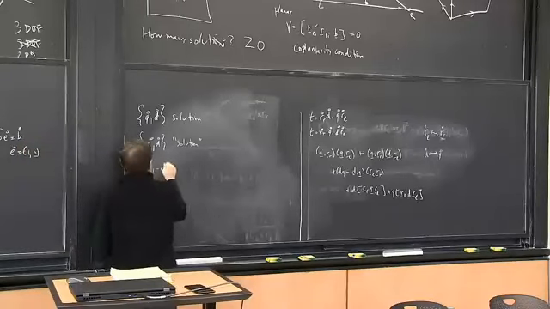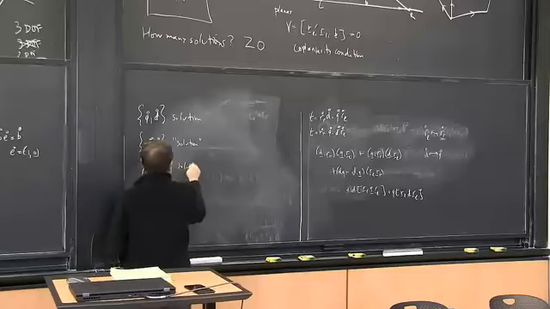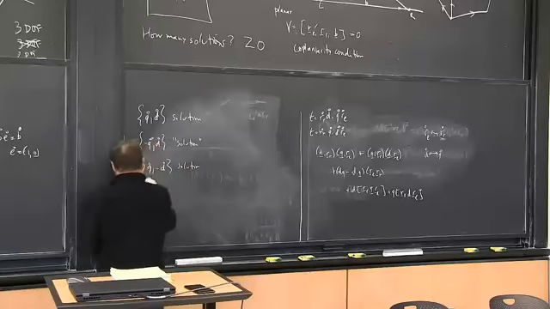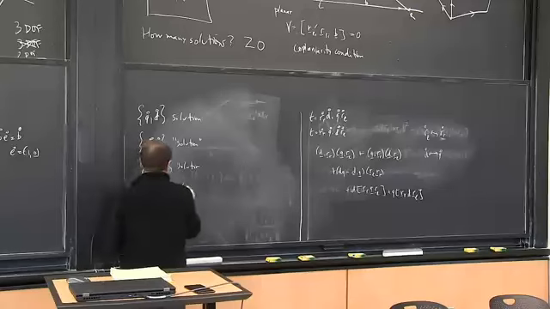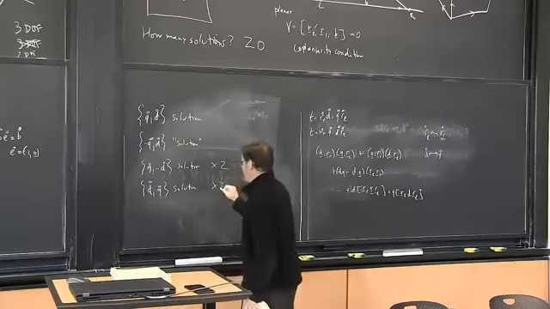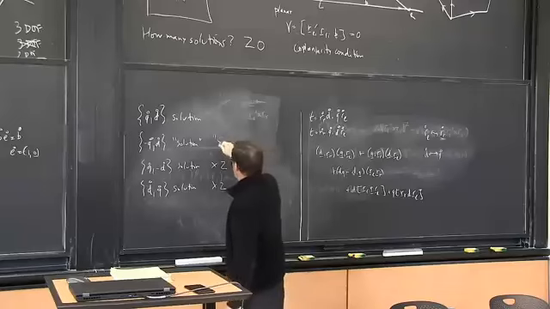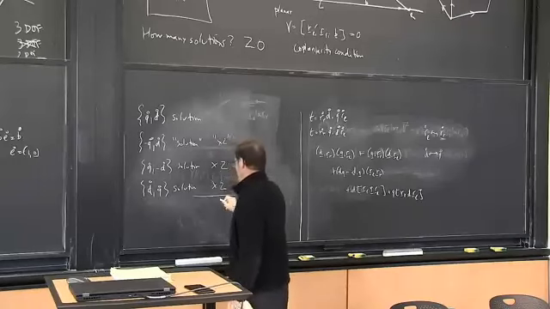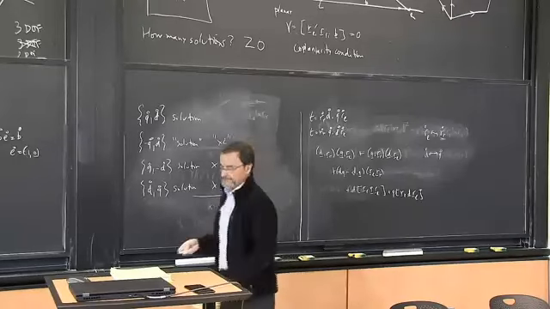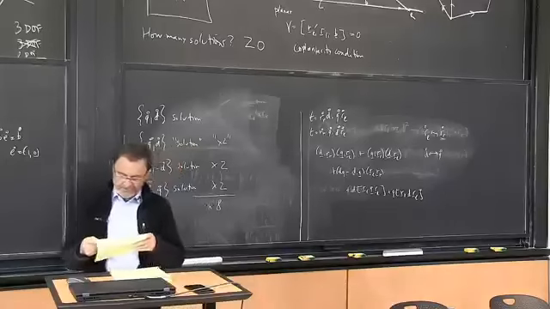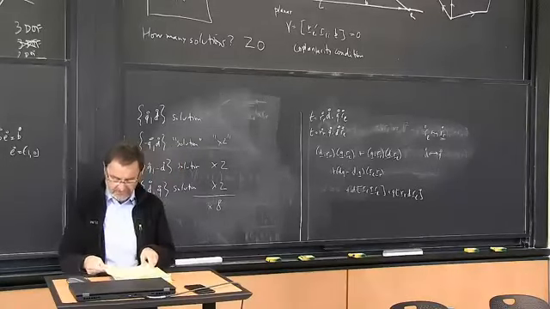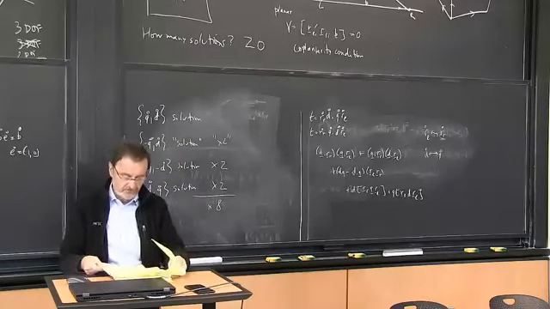Then this is a solution, and this is a solution. So this gives us a factor of 2, and I guess that's where the 8 comes from. So when you solve this numerically, you may find that there are up to 8 solutions.